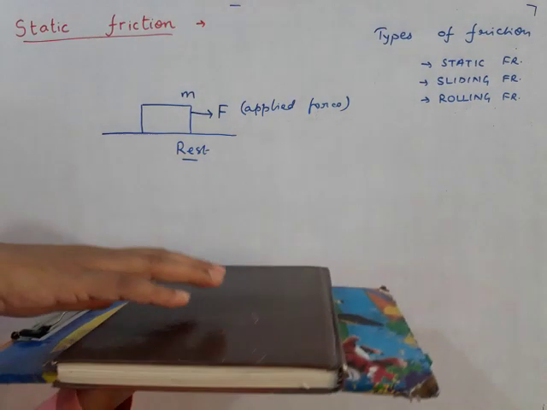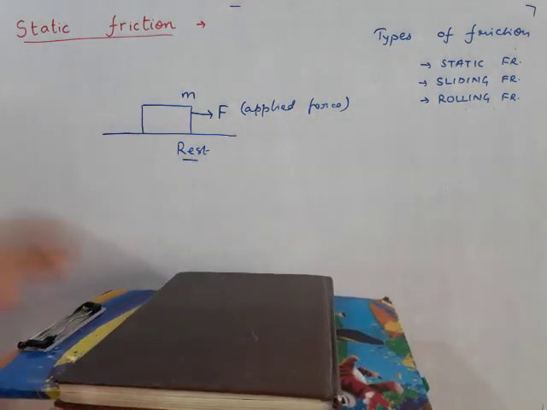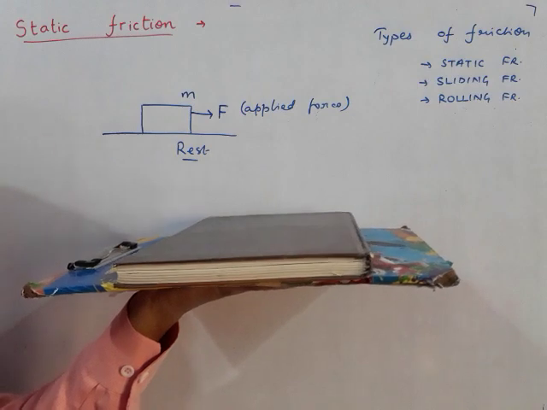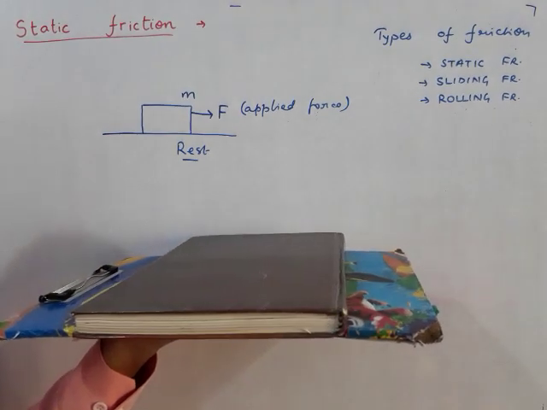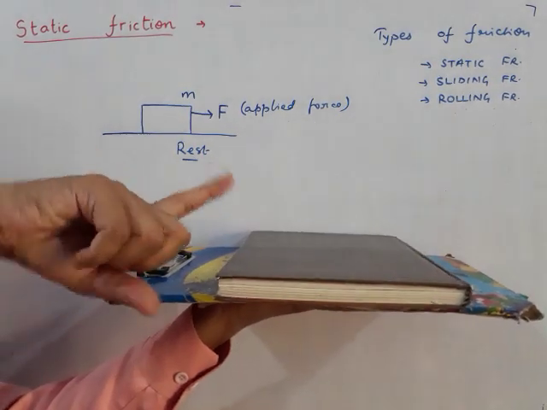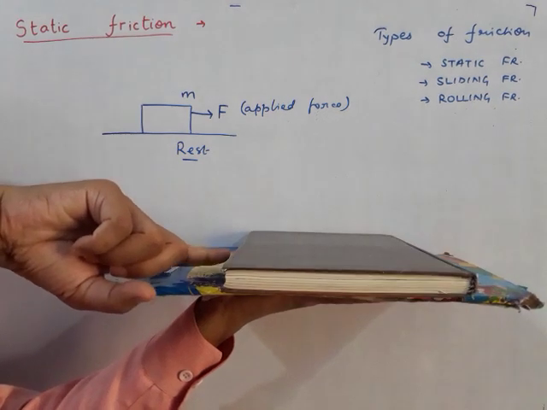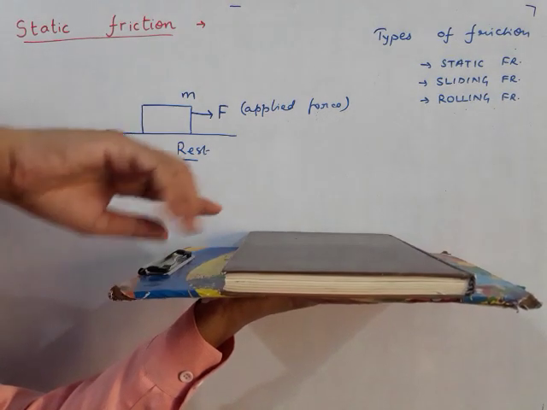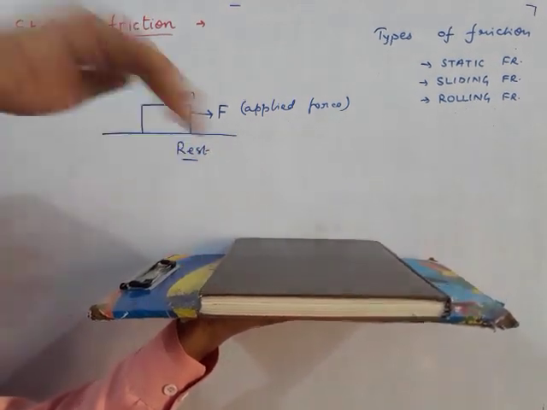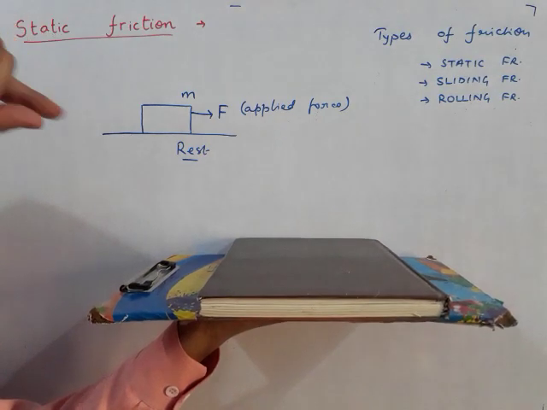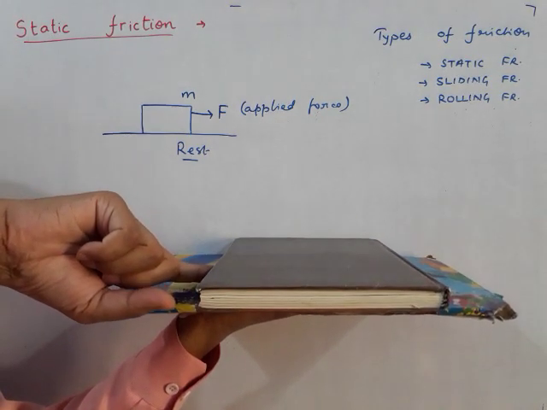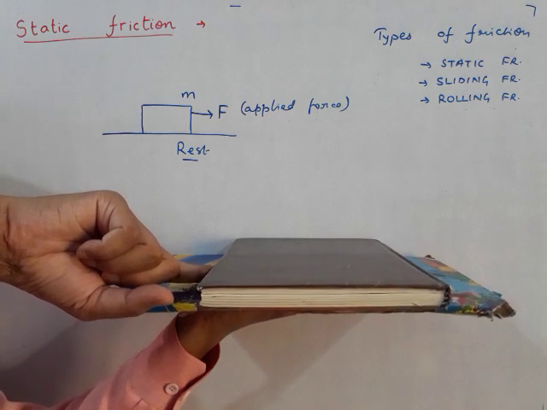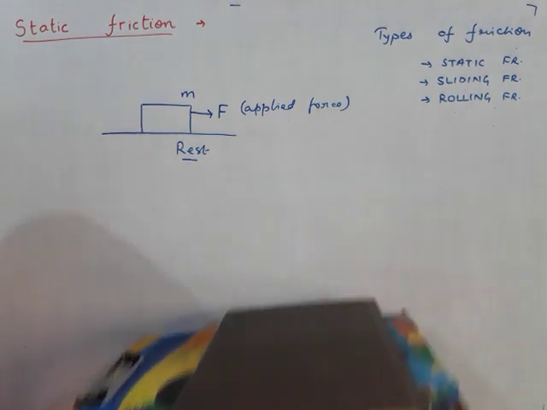Now it might be difficult for you to perceive this. What you can do, you can repeat this activity with a heavy table in your room. That heavy table, if you apply a gentle force with a single finger, you will find it is not moving. It will not move initially. Then you go on increasing your force. After some time, you will find it starts moving.